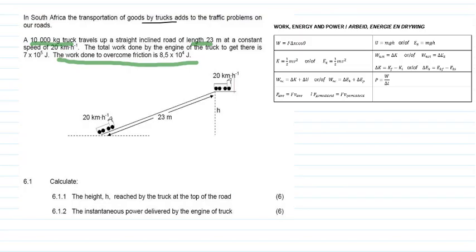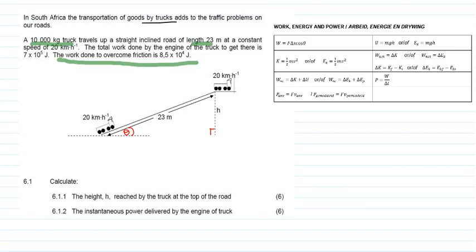Now the first thing we should realize about this problem is that you are not given the angle of the incline. If you had the angle of the incline, this would be quite simple. Why would it be simple? Because you would have a 90 degrees here.